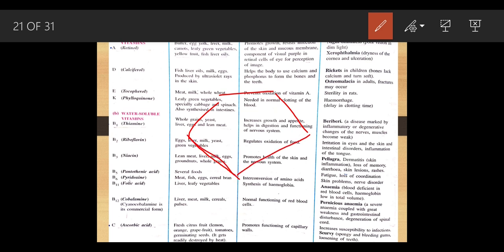See, 1 side, 2 side, 3, 4, 5. This is a pentagon shape. So that is why, and it is B5, na? So this 5 is called pentagon, na? So pantothenic acid. Here there is no major problem. There is fatigue in the body, meaning tiredness and loss of coordination.